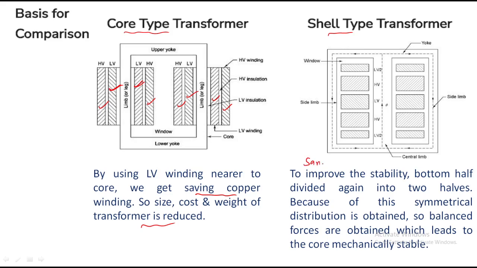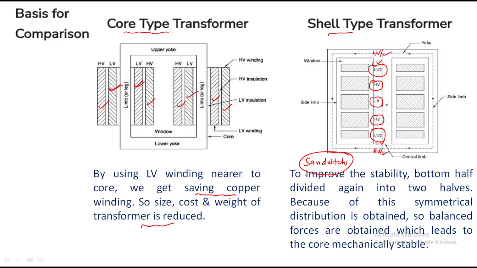Sandwich winding, that is LV, over that HV, again LV. Half of the LV winding, over that half of the LV winding is provided. For example, LV, HV, HV, if you provide LV, here it is also LV, then we have to provide HV by 2 and HV by 2, like that.